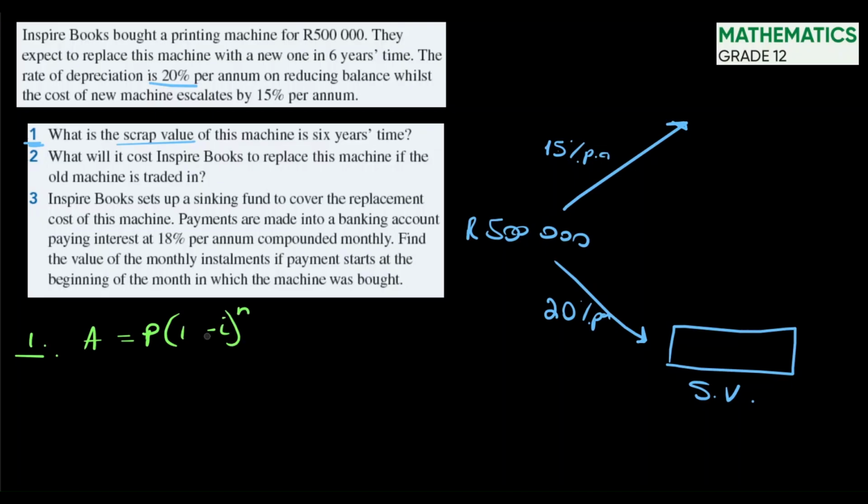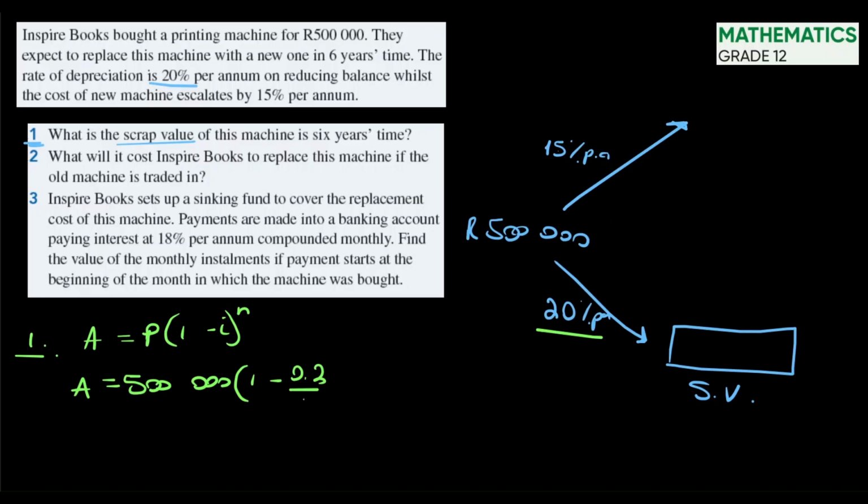The easiest way to remember it is that it's the same formula as compound interest, but the difference is that it has a minus instead of a plus. So we have 500,000 times (1 minus the interest). The rate of depreciation is 20%, so we take our 20% and divide it by 100, which gives us 0.2.